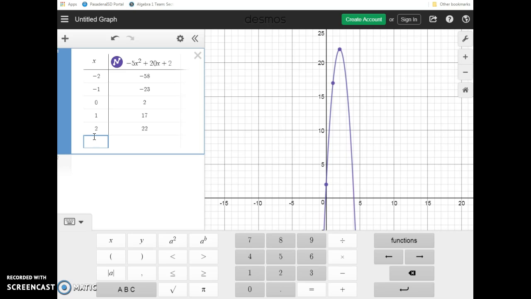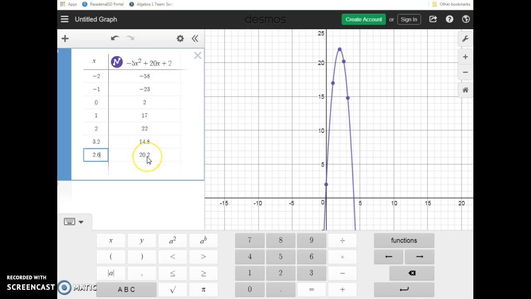So the first answer choice says 3.2. So I'm going to type 3.2. And that gives me my number, which is 14.8. That's not it. Then I'm going to type the next. Letter B says 2.6. That gives me 20.2. Okay, so that's really close.